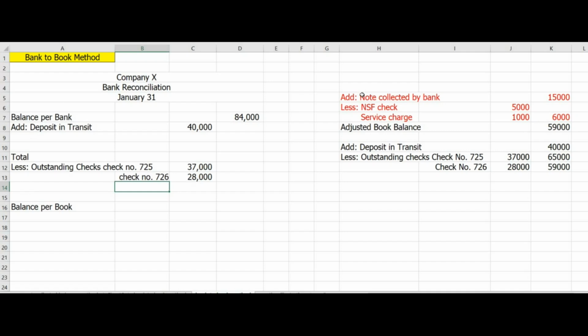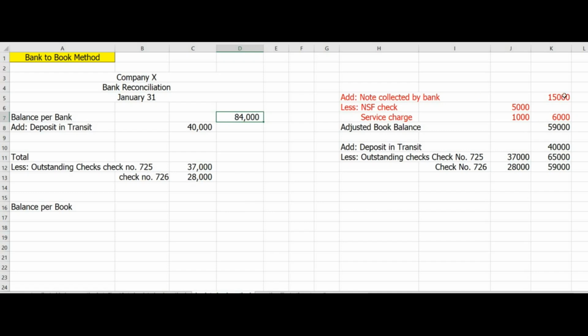And so, for the book reconciling items, baliktarin natin, no? Like, una yung note collected by bank. So, yung note collected by bank, supposedly, ina-add natin yan, diba? Pero since dito, yung 15,000 na yan, that is already included in your balance per bank. So, gusto natin, ang ma-arrive natin na amount ay yung unadjusted na book balance.